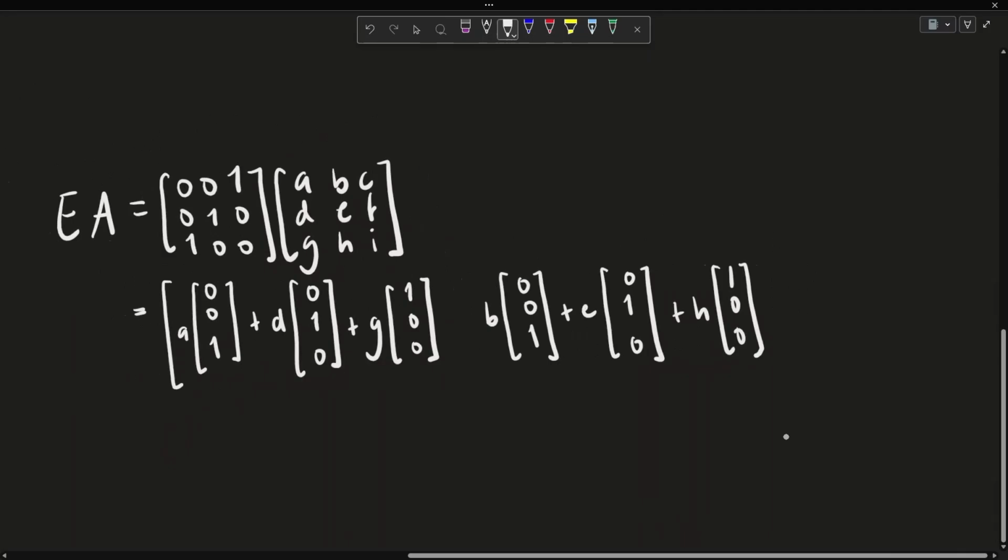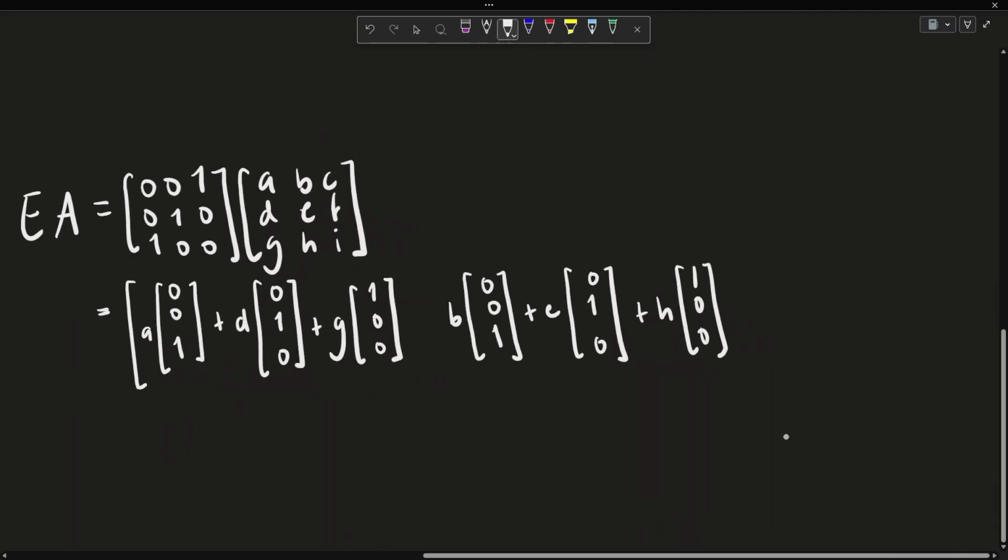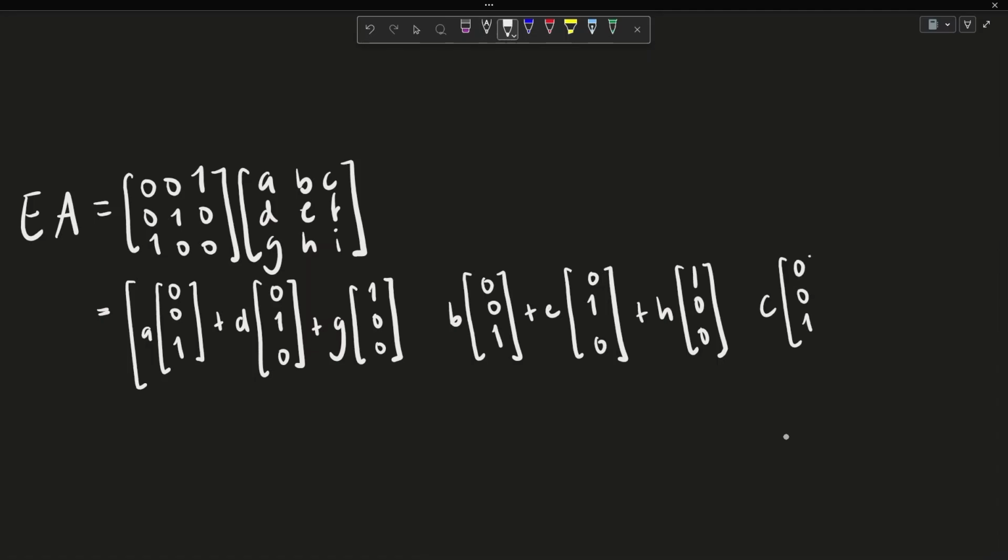And the third column will be C times the first column in E, plus F times the second column in E, plus I times the third column in E.